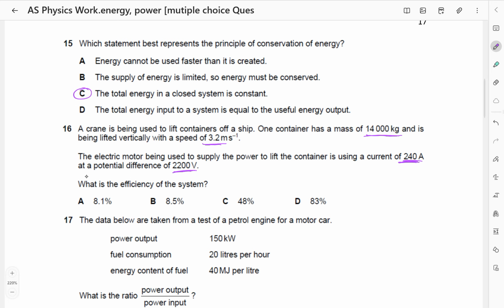So the power input, I'll just write it here. Power input is going to be equal to I times V, which is 240 times 2200.